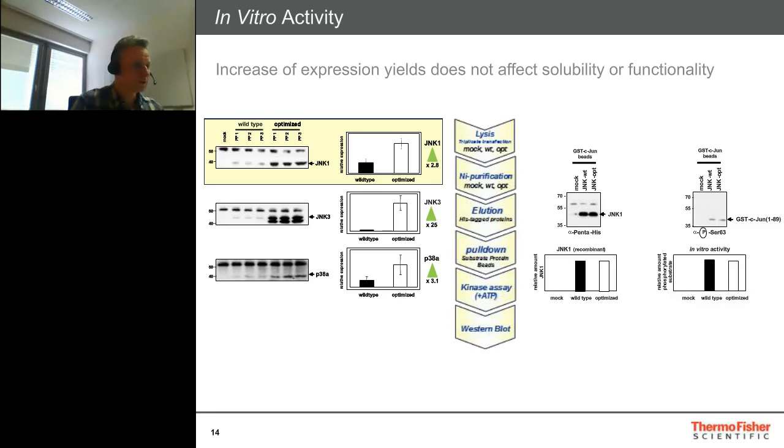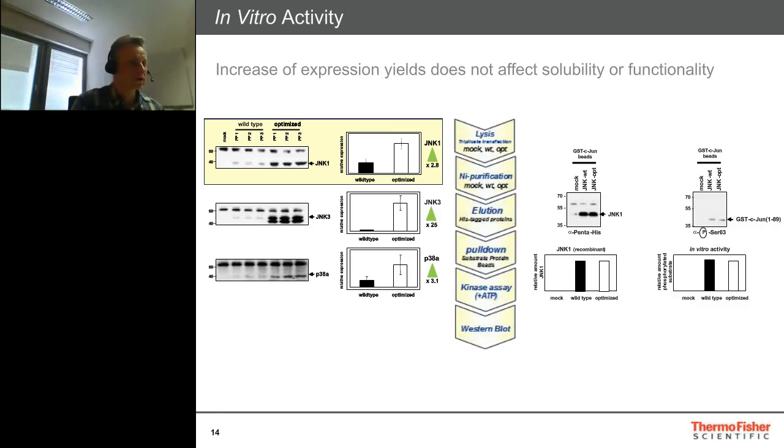In the plot on the left side you can see that we used the same amount of wild type and optimized protein in our test, because we added ATP, and the ATP activated the kinase so that the substrate could be turned over, and we detected the active protein with an antibody against the phosphorylated serine in the protein.